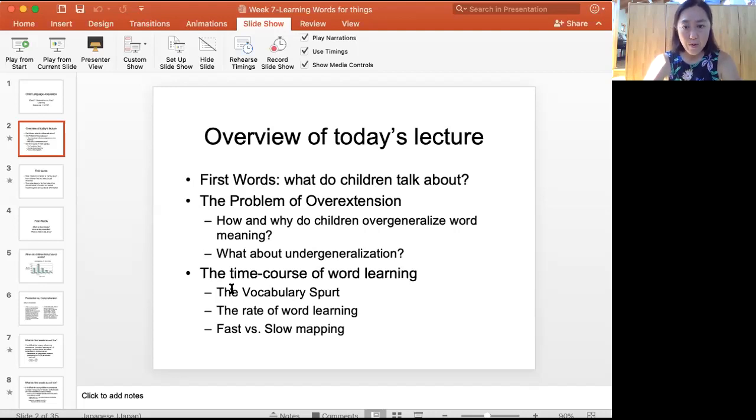I want to talk a little about their mistakes, which I call overextension and underextension. I also talk about how they start collecting a lot of vocabulary, the spurt that they go through, the rate of word learning, and fast mapping and slow mapping.